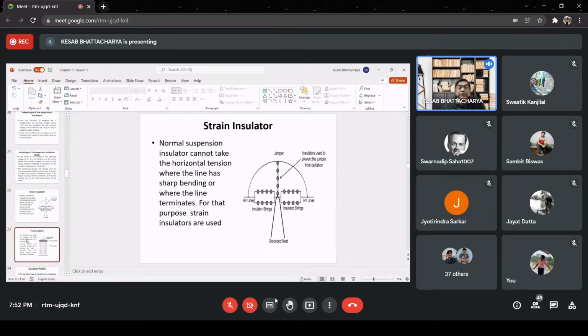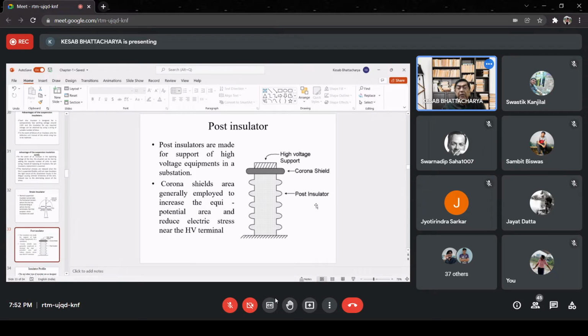Next is post insulators. Now, unfortunately, I think you didn't get any scope to visit the high voltage laboratory physically till now. Has anyone of you visited the high voltage laboratory, except that you might have visited it during your first day in Jadavpur University?